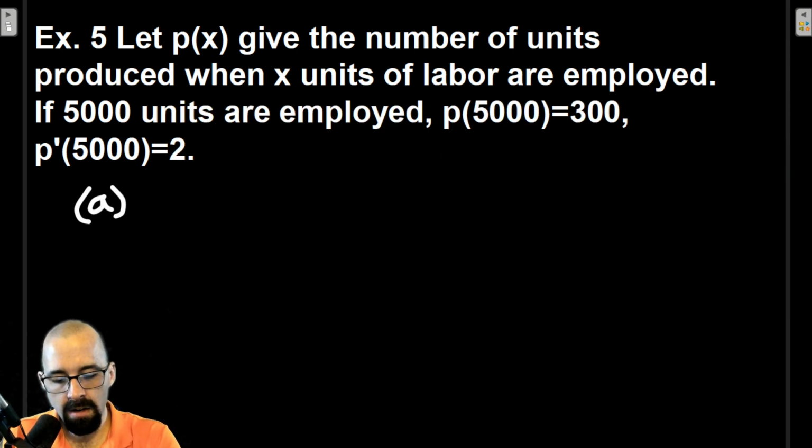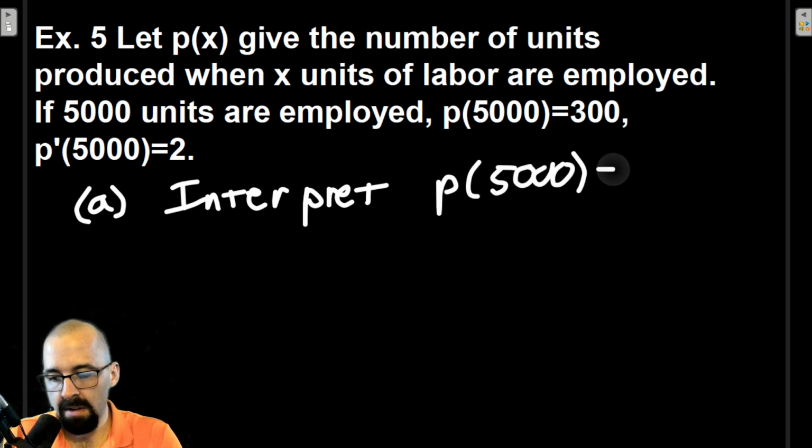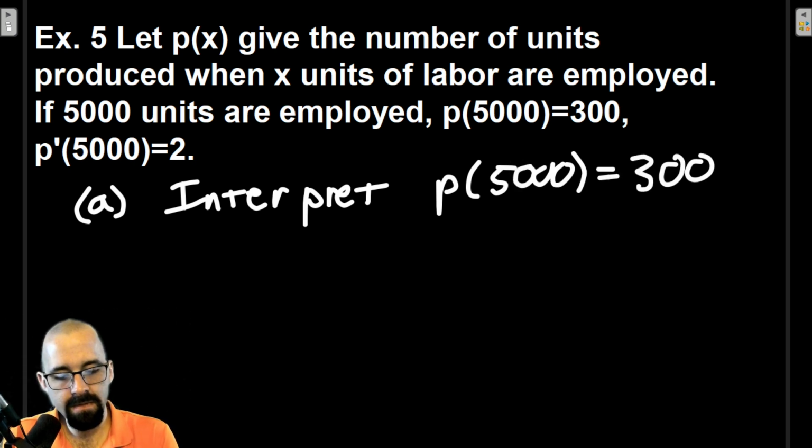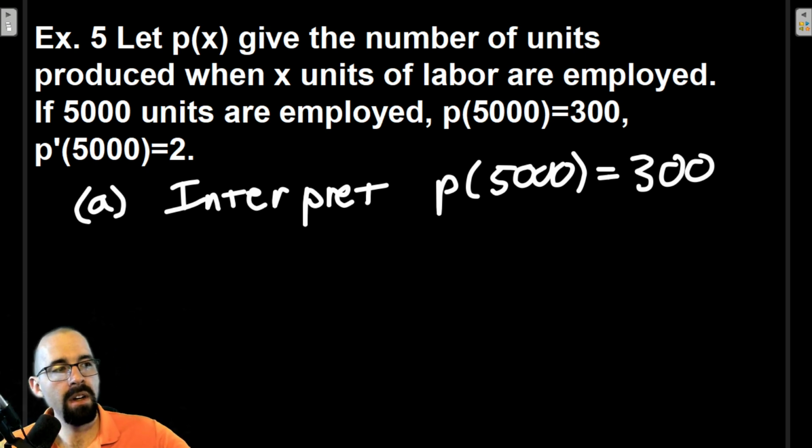All right, let's see what we've got here. Part A. Interpret P of 5,000 equals 300. So we have to look at what is our input, what is our output, and what's going on.